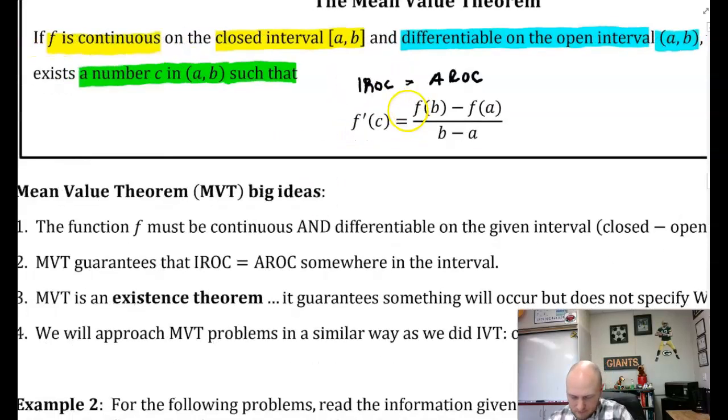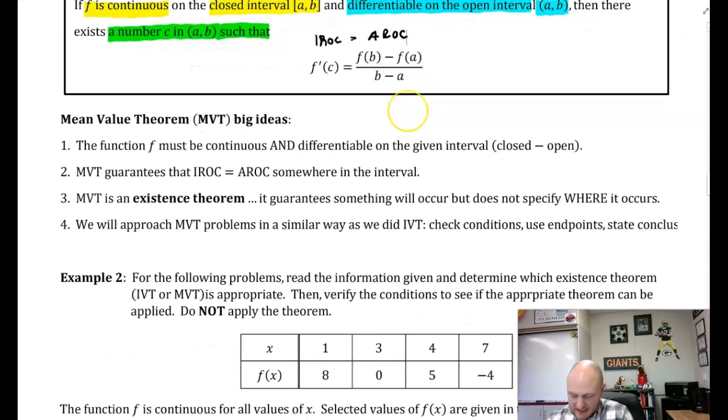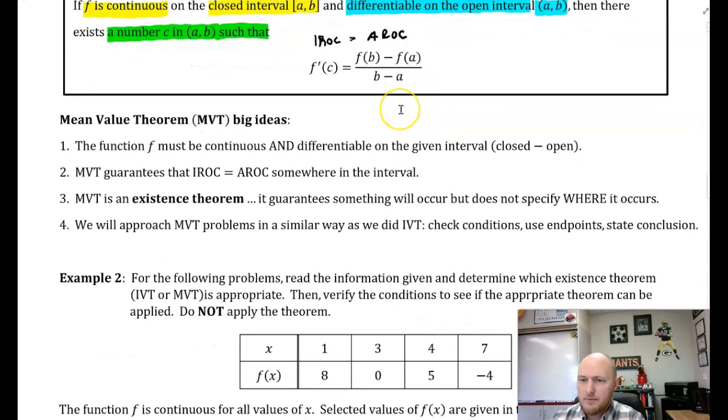Okay, so what are the big ideas of the mean value theorem? Number one, the function must be, like we said, continuous on the closed interval and differentiable on the open interval. Those are your two conditions that we're going to go ahead and show. Number two, the MVT guarantees that the instantaneous rate of change is equal to the average rate of change somewhere in the interval.